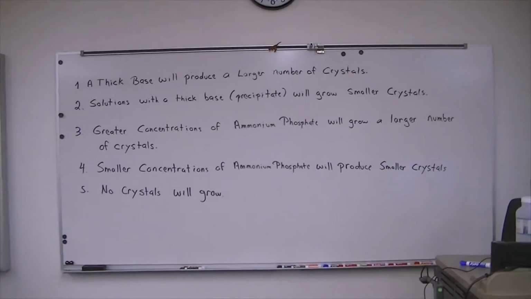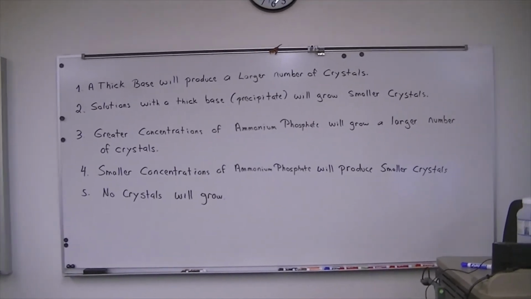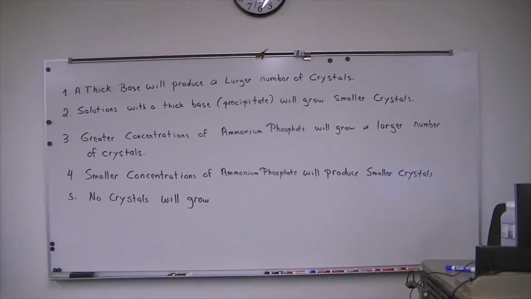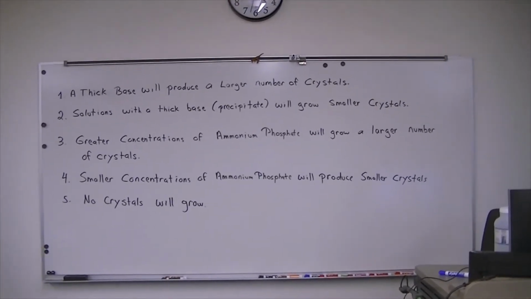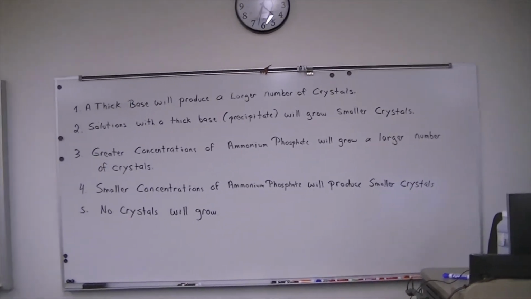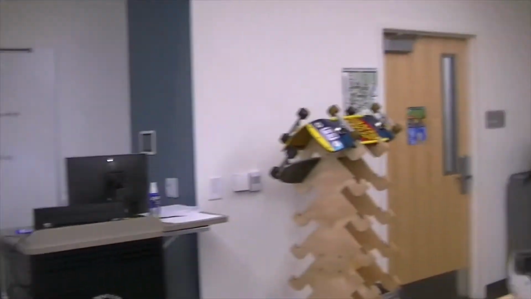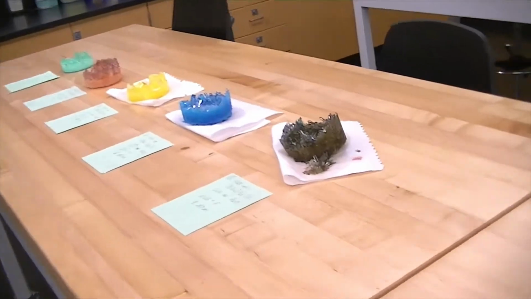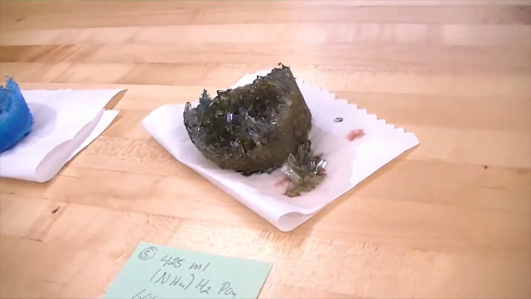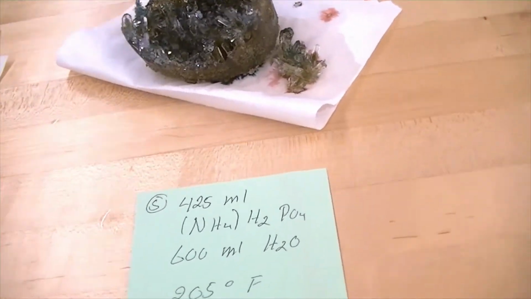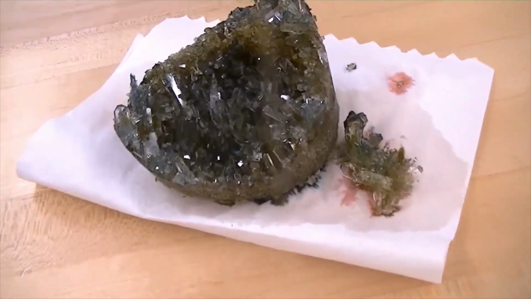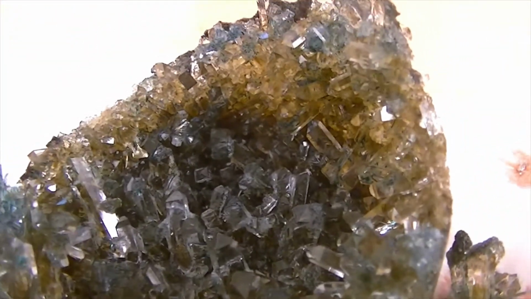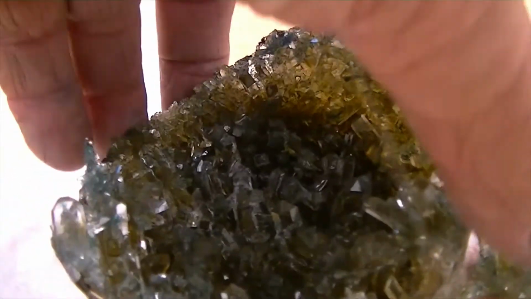So number 4, smaller concentrations of ammonium phosphate will produce small crystals. Well, if we compare number 5 here, which had the highest concentration of ammonium phosphate at 425 milliliters, these are small crystals, and I'm going to move this over.